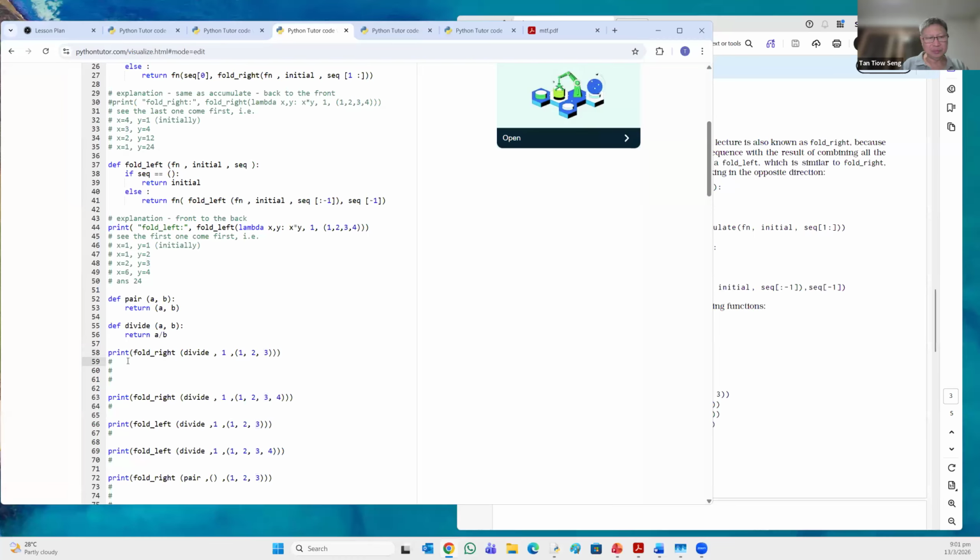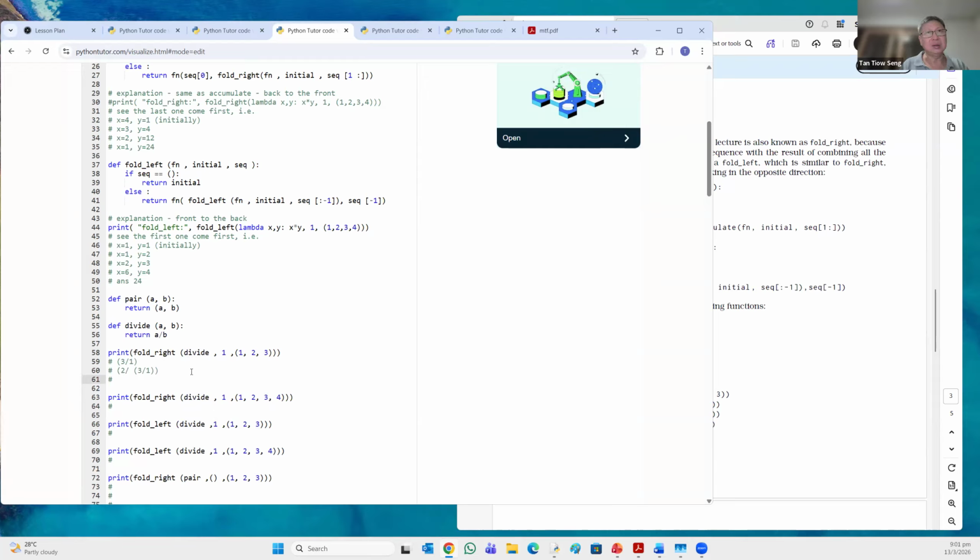So you get 3 over 1, because you're talking about a divide operator. This is passed to the next one, which is 2. And the 2 has to be here, and the 3 over 1. Then the last guy is a 1.